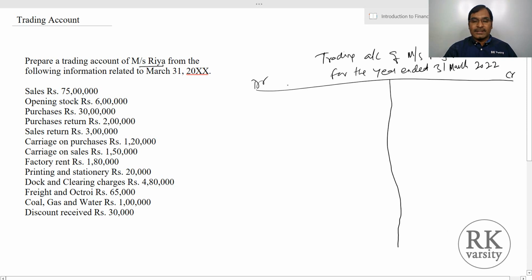Now we'll split this into two parts. On the debit side, we write all the direct expenses, plus purchases, plus your opening stock. On the credit side, we'll write the sales, that is revenue from operations, and closing stock if any.